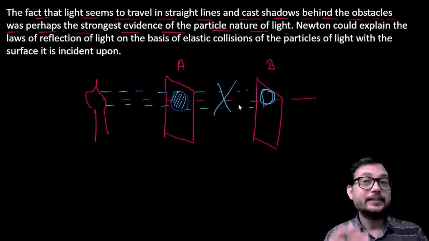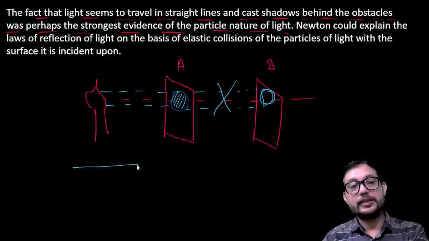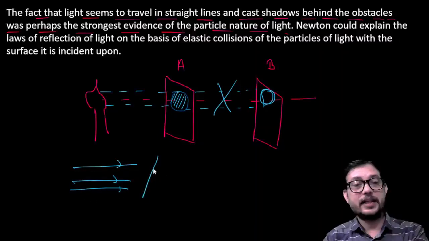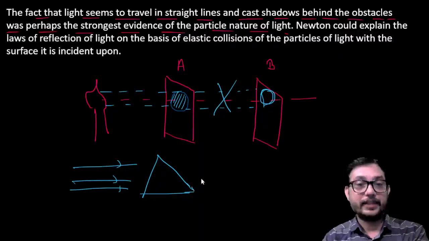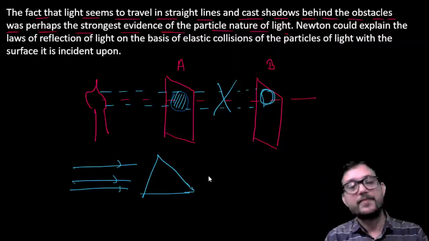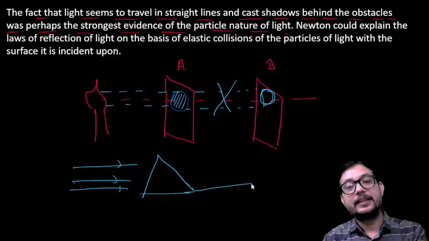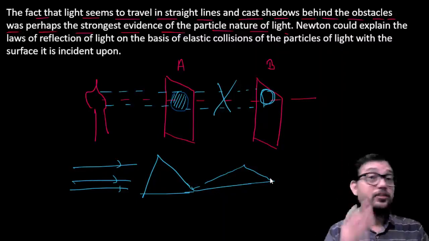As a particle creates a shadow, in the same way light also creates a shadow. What does it mean? Let's suppose this is the path of the light, and if we place anything in front of it, suppose a triangular-shaped object in the path of the ray, then we see the image of that object.